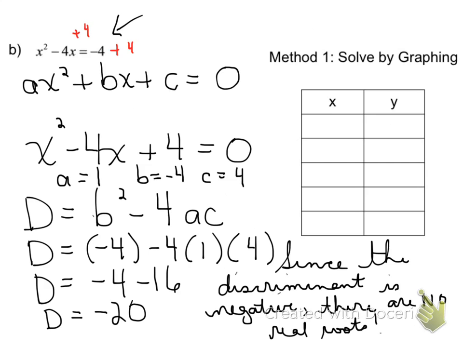Now I made a mistake here. If I go back, just going to take a look at this equation again for the discriminant. We have b squared minus 4ac, sorry. I forgot to square. I'm going to put it in a different color. So you're going to see that, yep, I made a mistake.